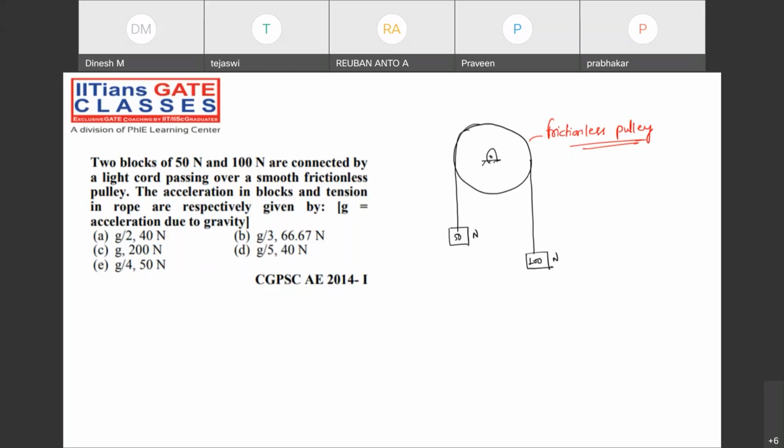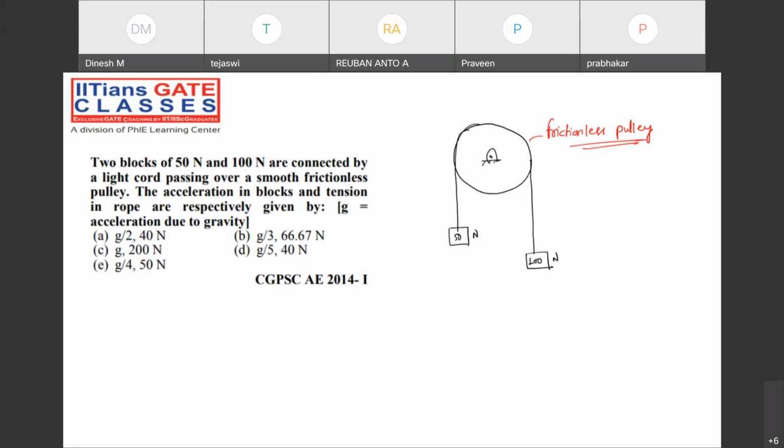Follow that method, and you can solve any number of problems, whatever the number of pulleys attached to the string. Before that, let me know, are you at least understanding the problem or not? Perfect. Now try to solve it.